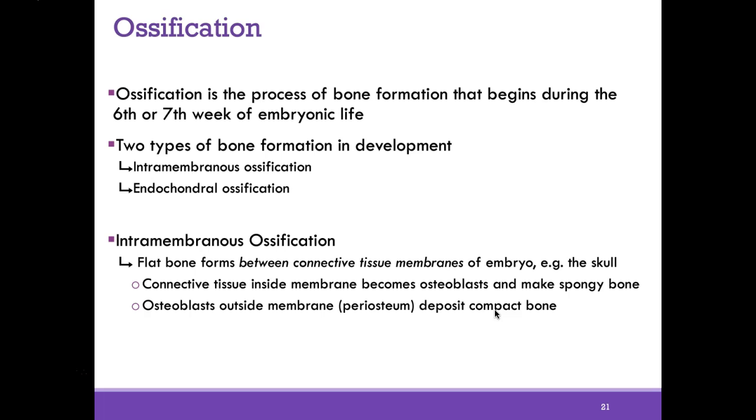Osteoblasts outside of the membrane deposit compact bone. So again, we have the inner part making spongy bone. The outer part makes compact bone. And it's called intramembranous because the bone forms between two membranes. It's formed in between membranes.